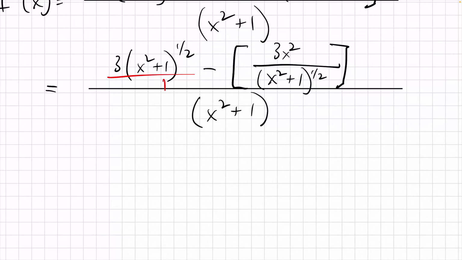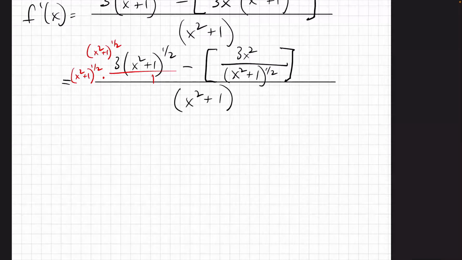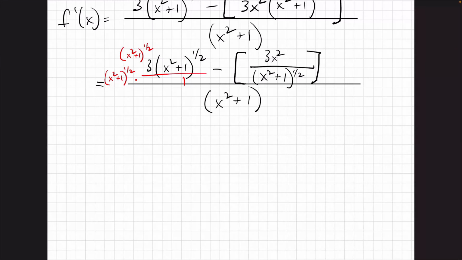This guy needs exactly what this has. You've got to multiply the top and bottom by what I need. So I'm going to multiply this by x squared plus 1 to the 1/2 over x squared plus 1 to the 1/2.